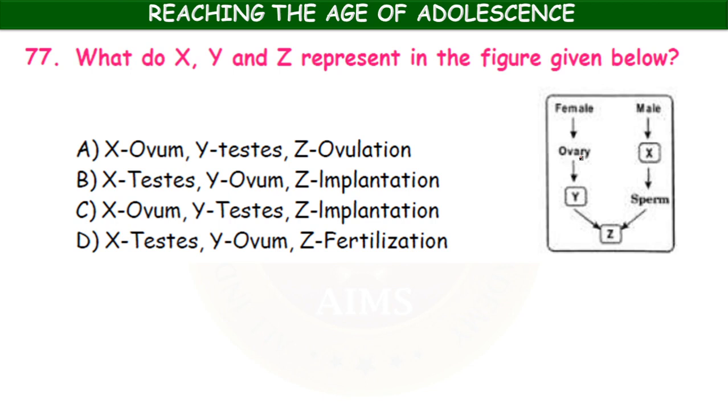The ovary produces ovum, so Y is the ovum, and the male reproductive organ is the testis. X is the testis, where sperm is produced. What do you call the combination of the male and female gamete? Fertilization. Z represents fertilization. So X represents the testis, Y represents ovum, and Z represents fertilization. So D is the right answer.